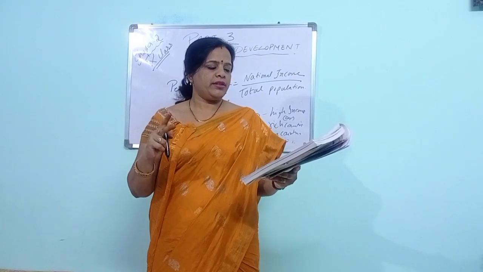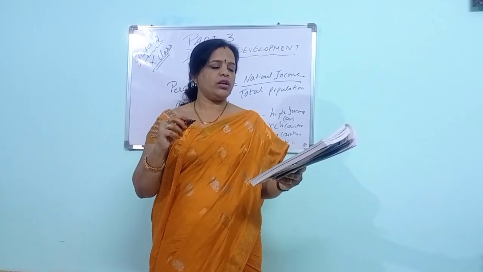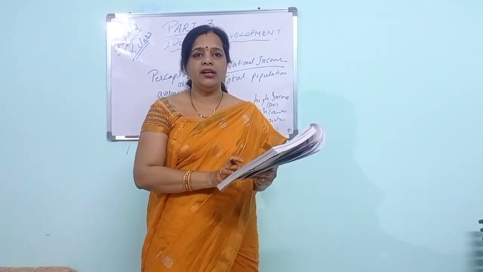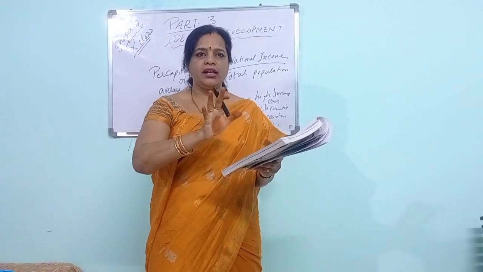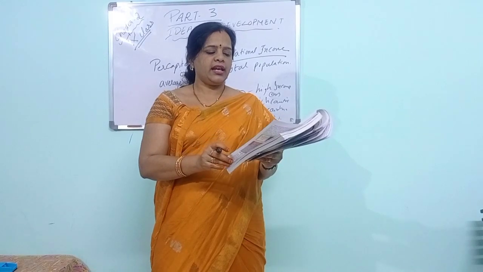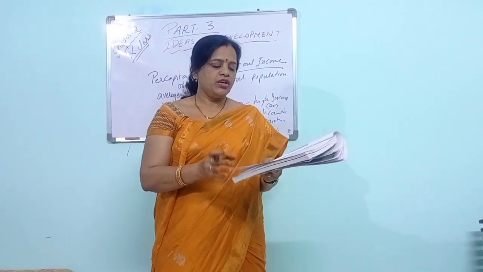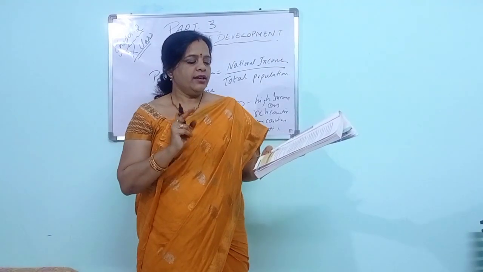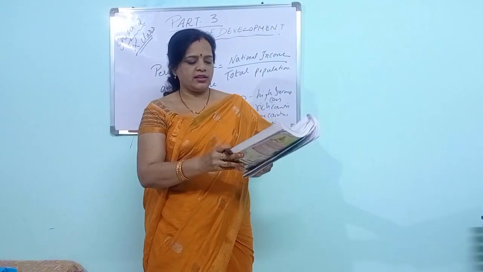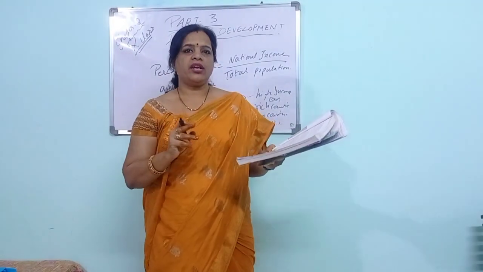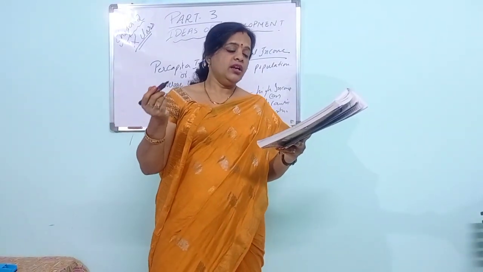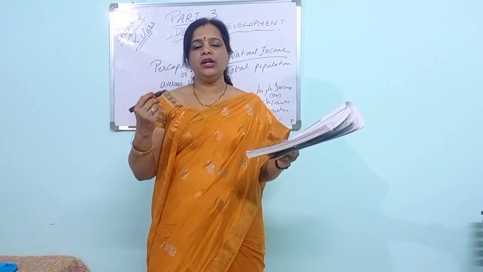For the sake of simplicity, we have assumed that they have only 5 citizens. Generally we don't have 5 citizens, we have n number, but to understand, they have given only 5 citizens in country A and country B. Based on the data given in table 2, calculate the average income of both countries. In country A, the first citizen's income is 9,500, the second citizen 10,500, the third citizen 9,800, the fourth citizen 10,000, and the fifth citizen 10,200.